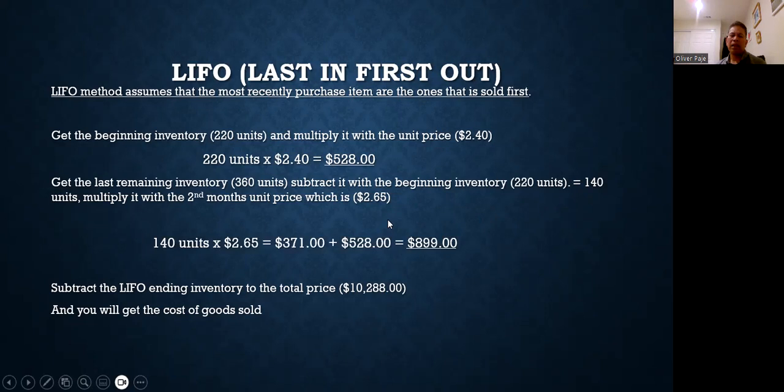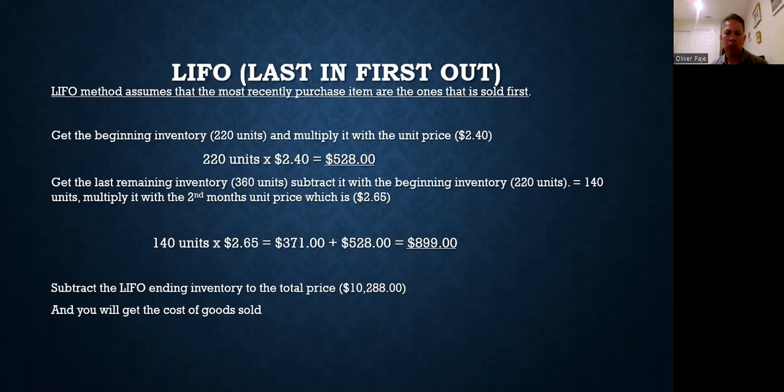And then you multiply that with the 2.65, which is the second month unit price. So you will be able to get 899 as your ending inventory in the LIFO method.